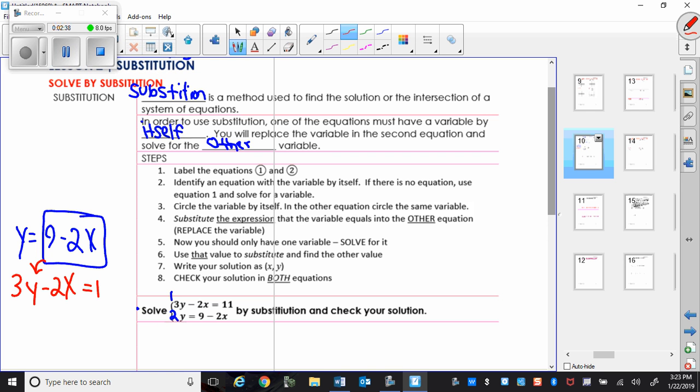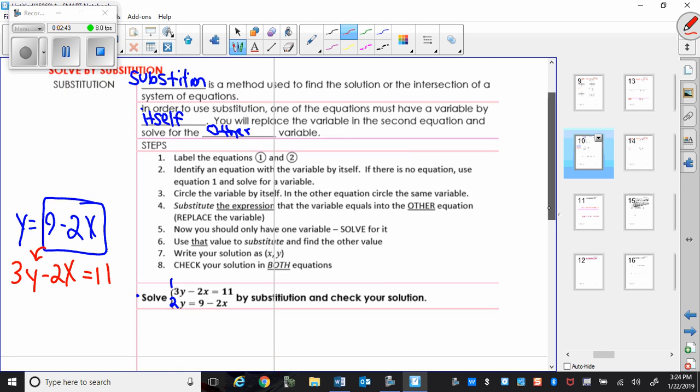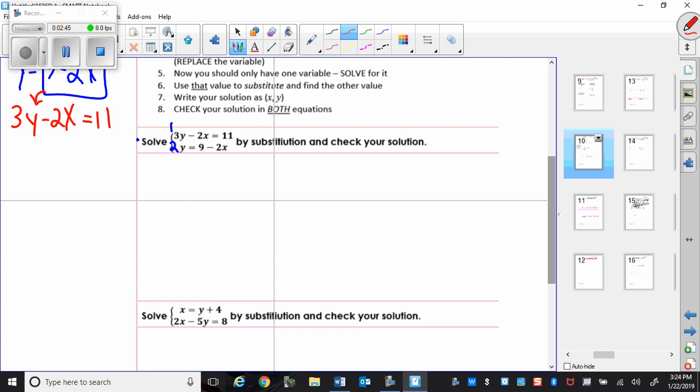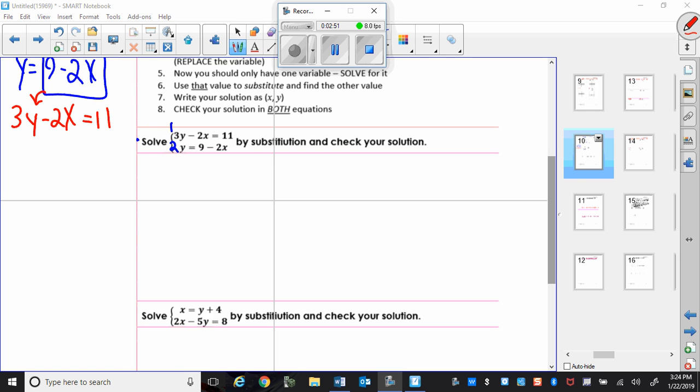So I have 3 parentheses, minus 2x equals 11, and inside I'm going to write 9 minus 2x, right?